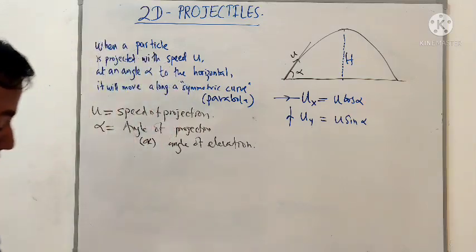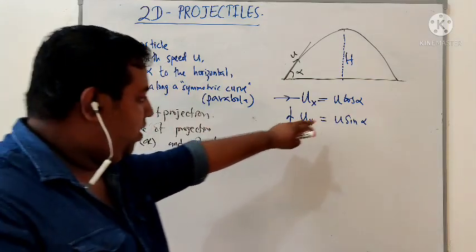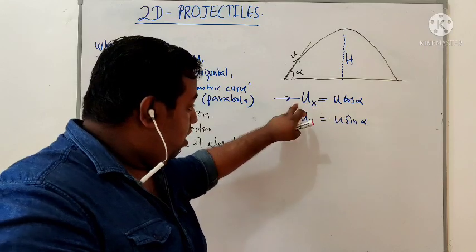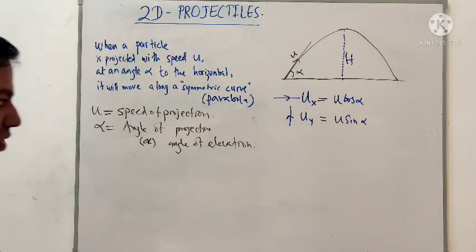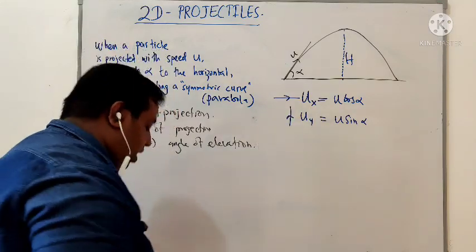The initial velocity of the projectile can be resolved into two components. I told you, this is the horizontal component u cos alpha, the vertical component u sin alpha. You know, horizontal to vertical is 90 degrees, right?